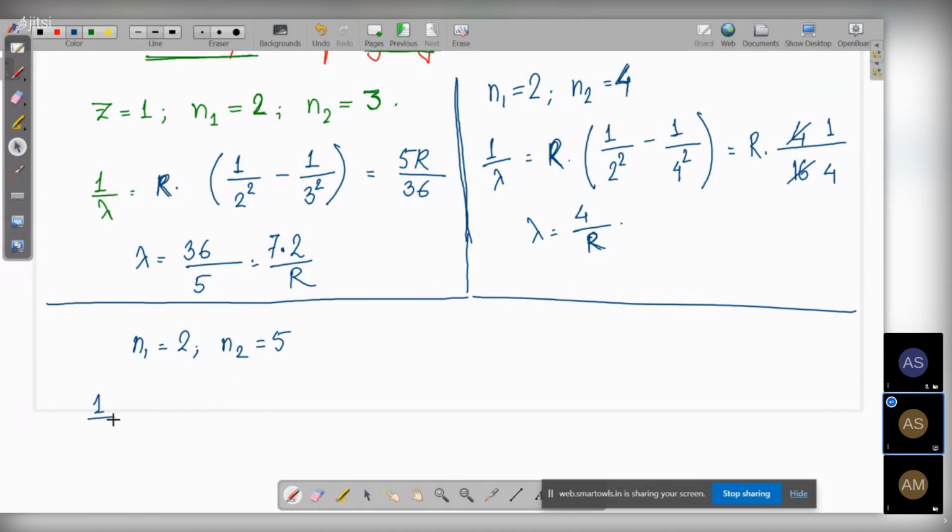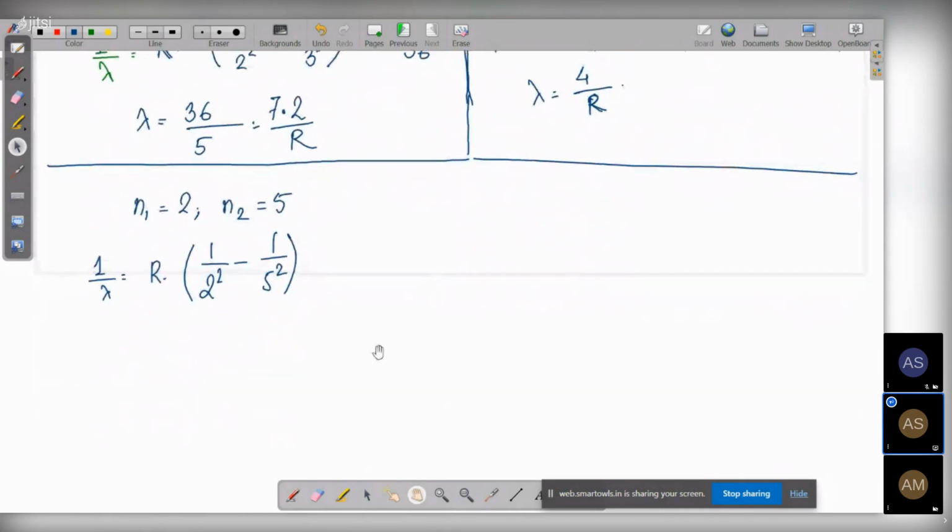So what will lambda be? 1 by lambda equal to R into (1 by 2² minus 1 by 5²). That is equal to R into... 4 and 25, the LCM will be, no, the LCM will not be 50.